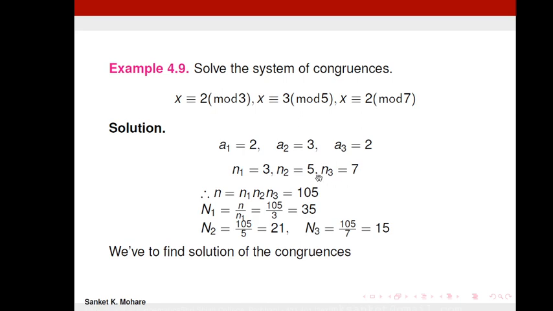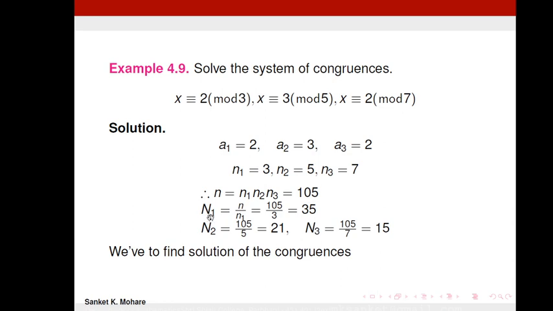Now we calculate our capital Ni's. So capital N1 is equal to n upon n1. This we discussed in the proof of the Chinese remainder theorem. While solving this system of congruences, the solution proceeds just as in the proof of the Chinese remainder theorem.